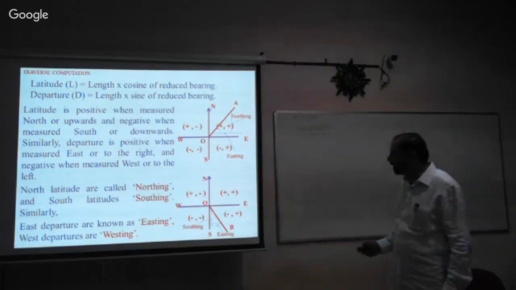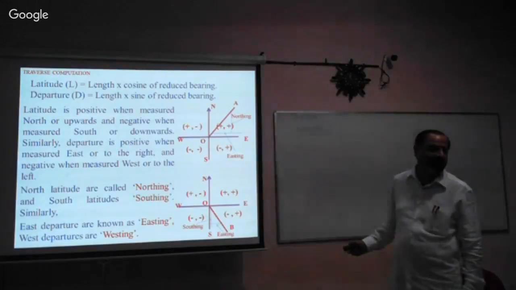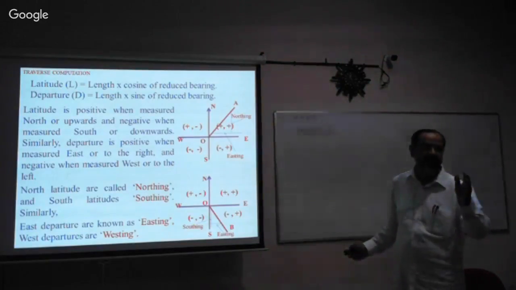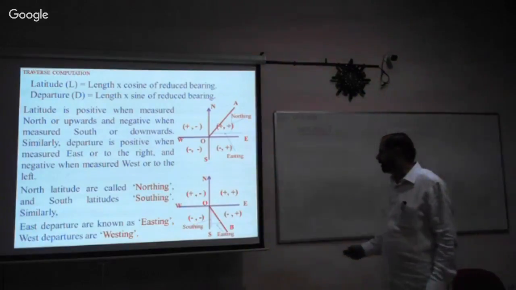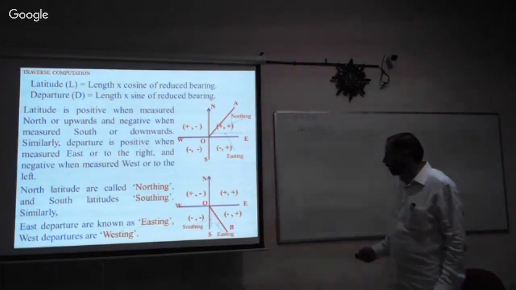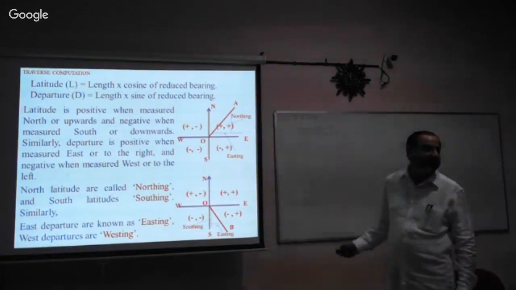Similarly, if you consider another example, OB is the survey line, the direction in which the survey line is progressing, running from O to B. Now this is lying in the second quadrant.